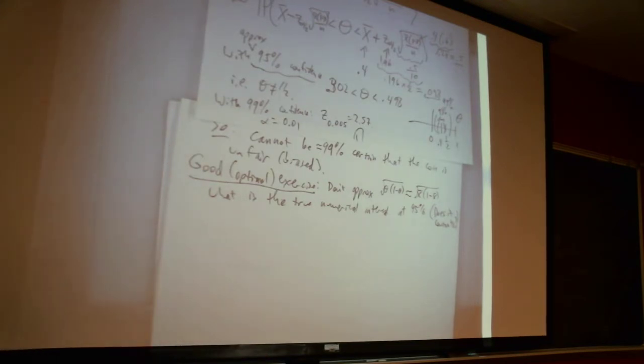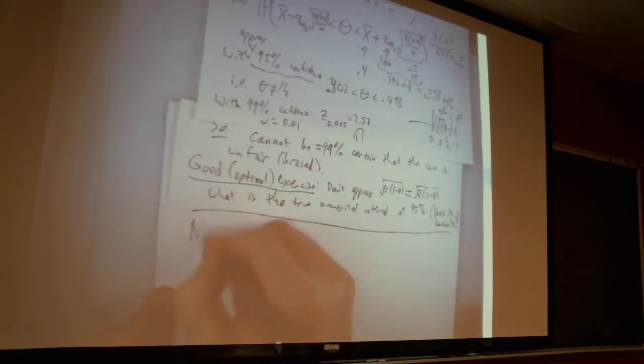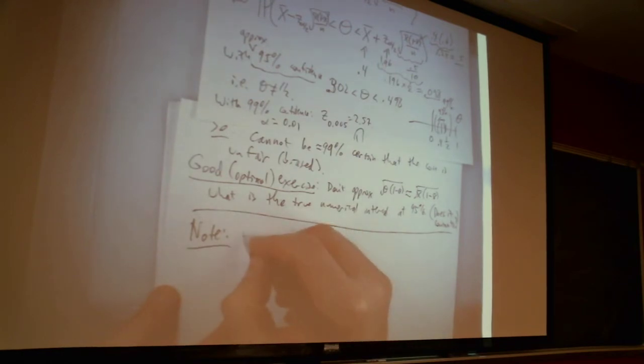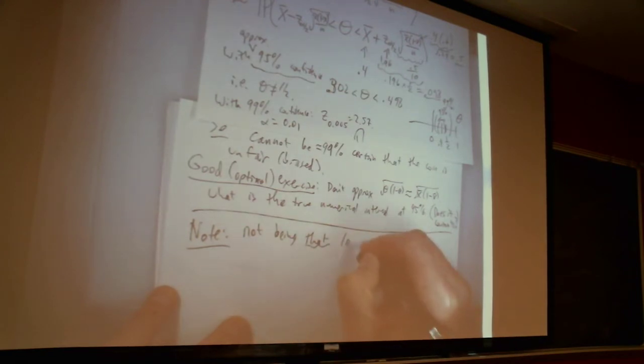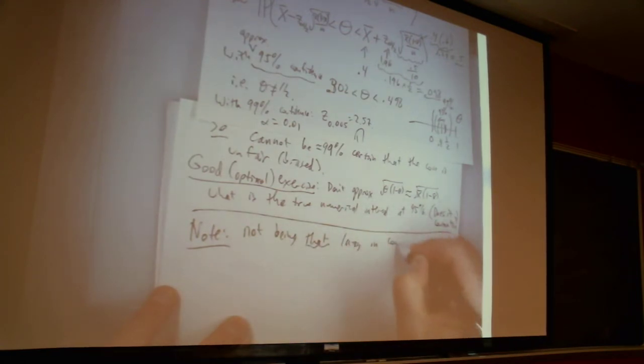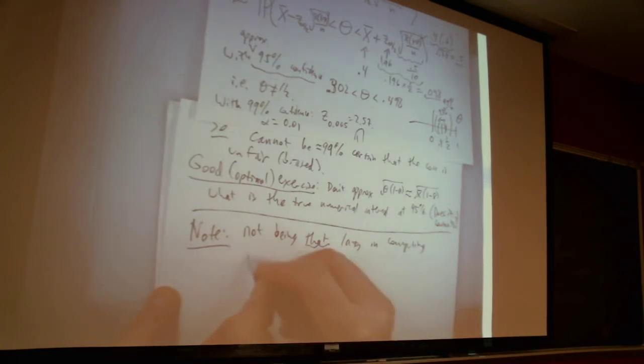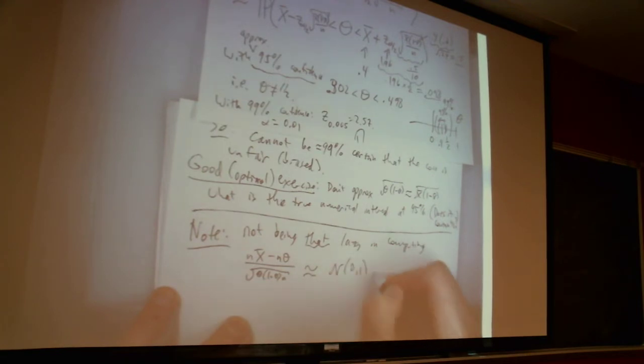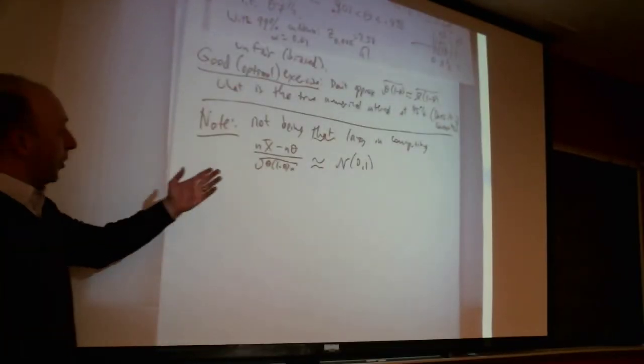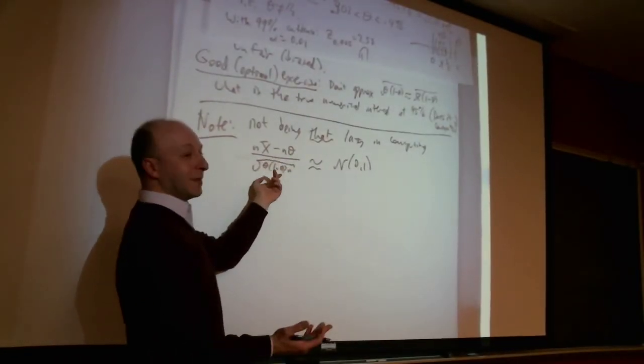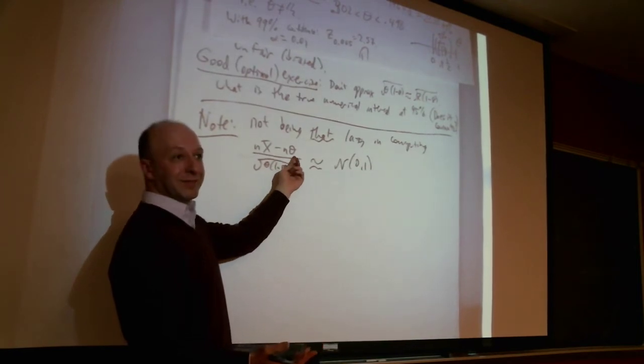Let me write that down. Note we're not being that lazy in estimating that this thing, theta times 1 minus theta times n, is approximately normal, because the true distribution of this is a normalized binomial and it depends on theta.